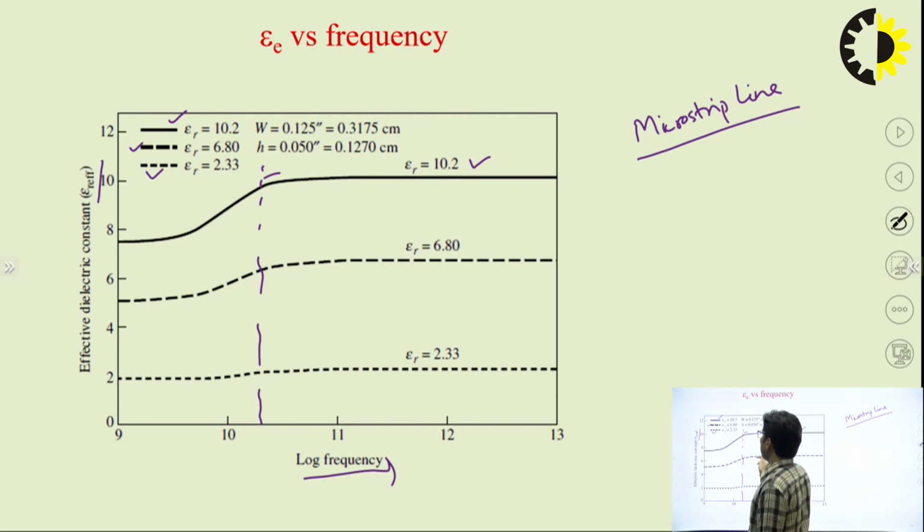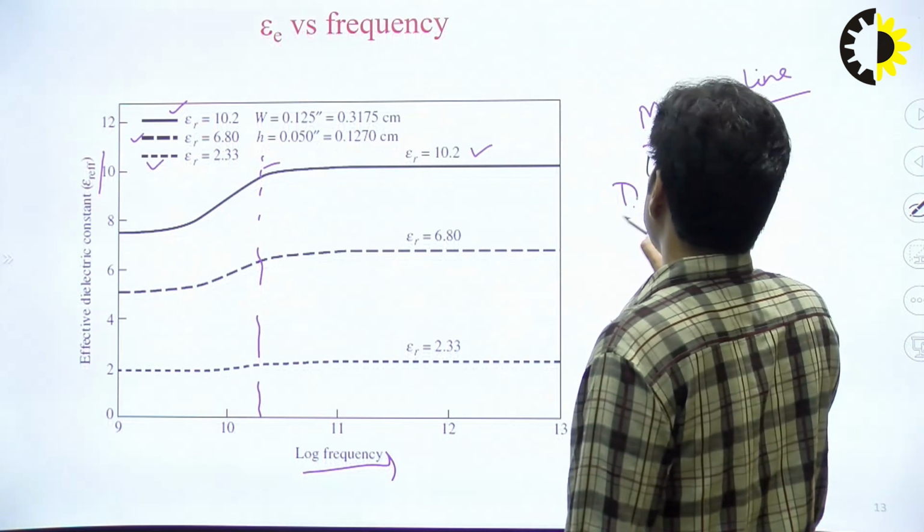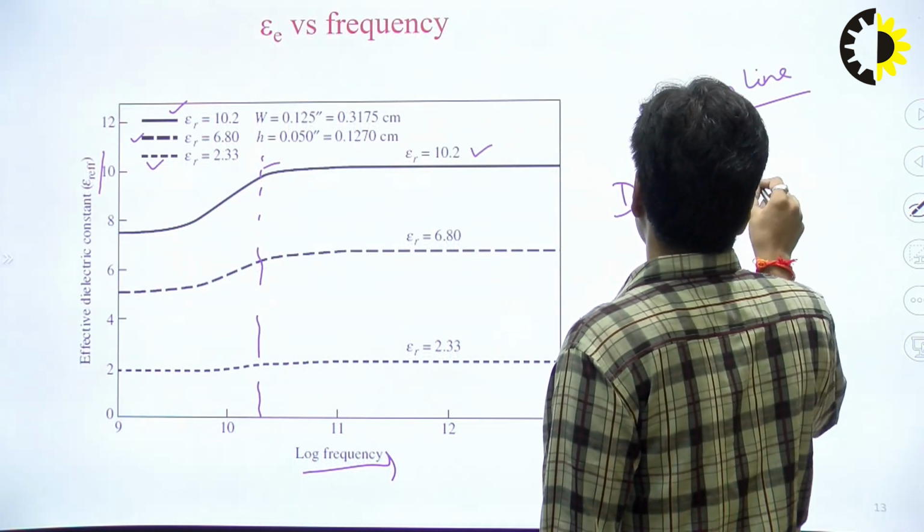So we can say dispersion effects can be possible in this frequency range, because all the parameters depend on the effective relative permittivity. So in this region the microstrip line has some dispersion effect.